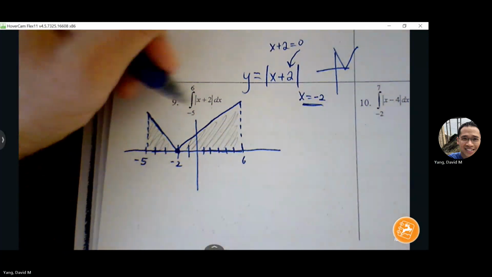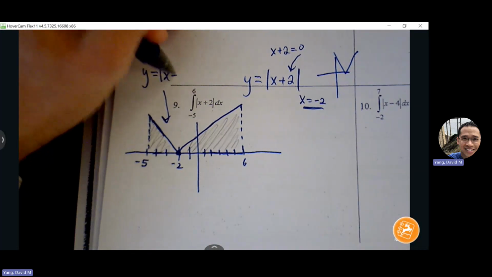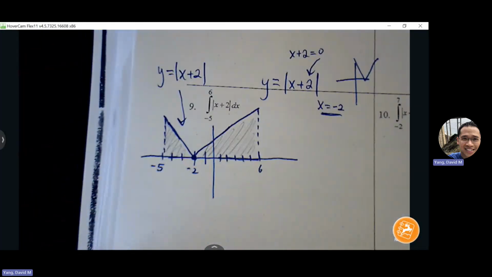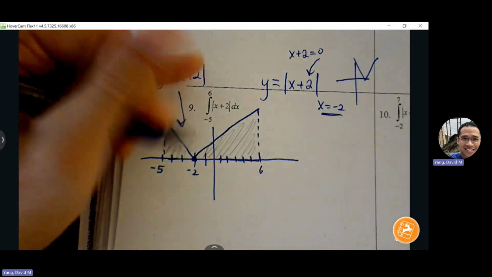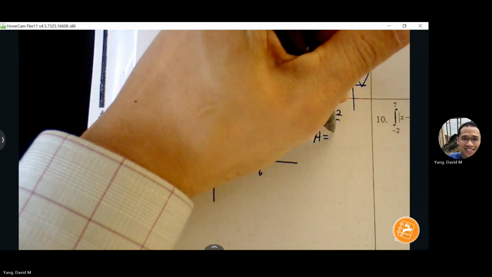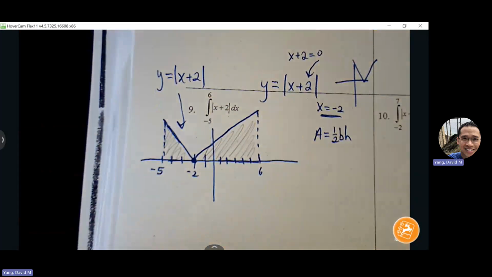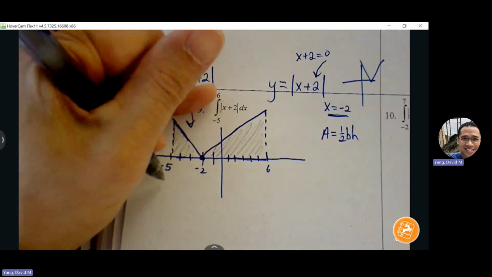So this graph is y equals absolute value of x plus 2, right? That's the graph that we've created. Now, what's the area formula for a triangle? 1/2 base times height, right? Or width times height. Okay, let's do one at a time here.